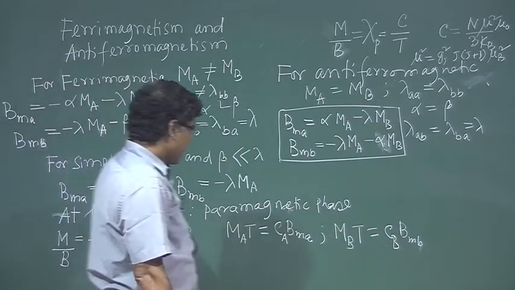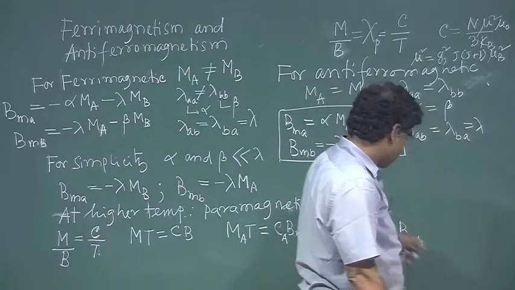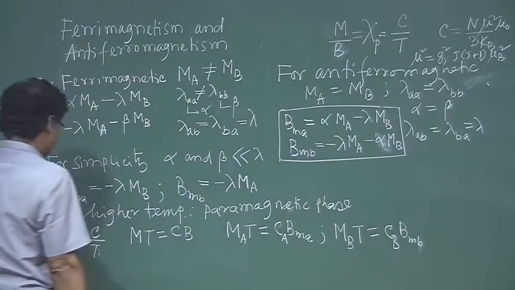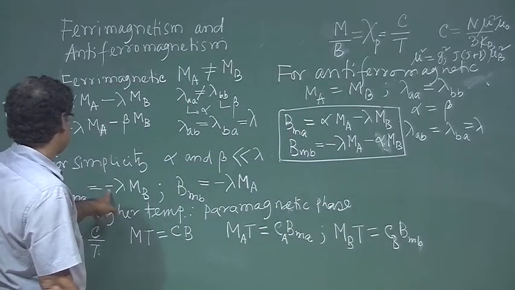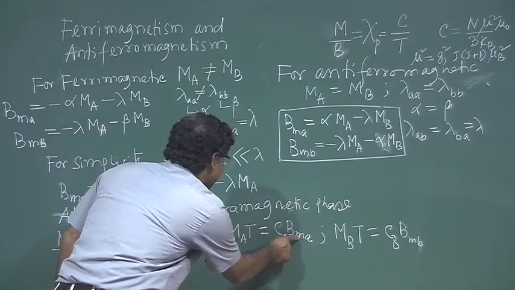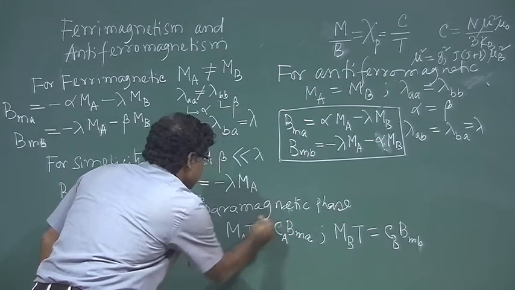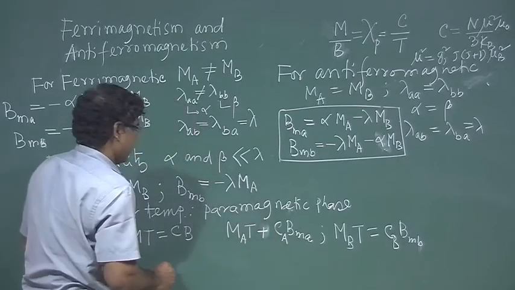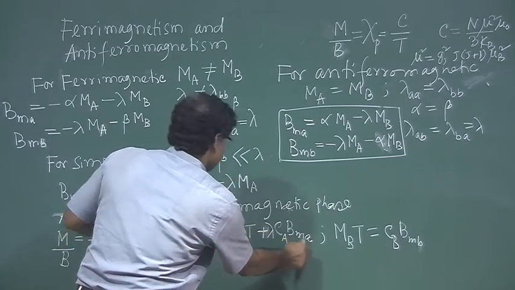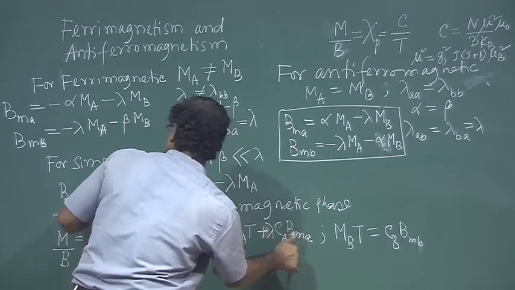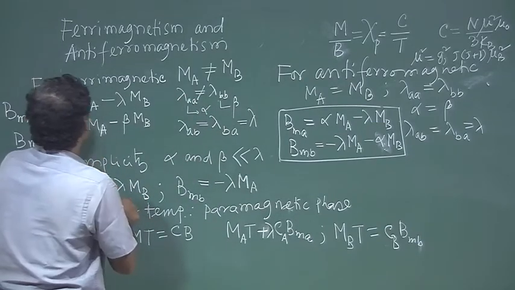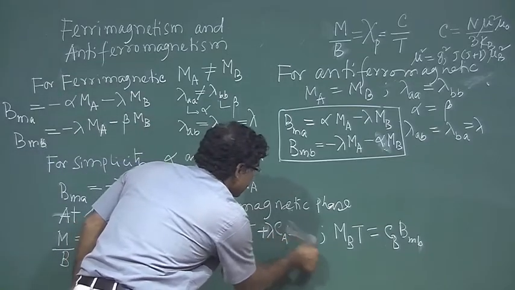Now, from here you can put B_MA, what is this? B_MA is minus lambda M_B, right.